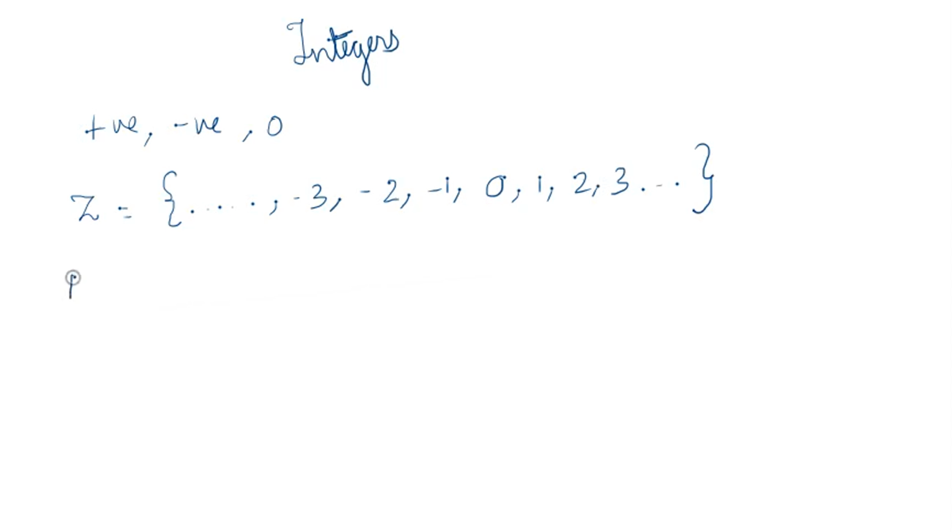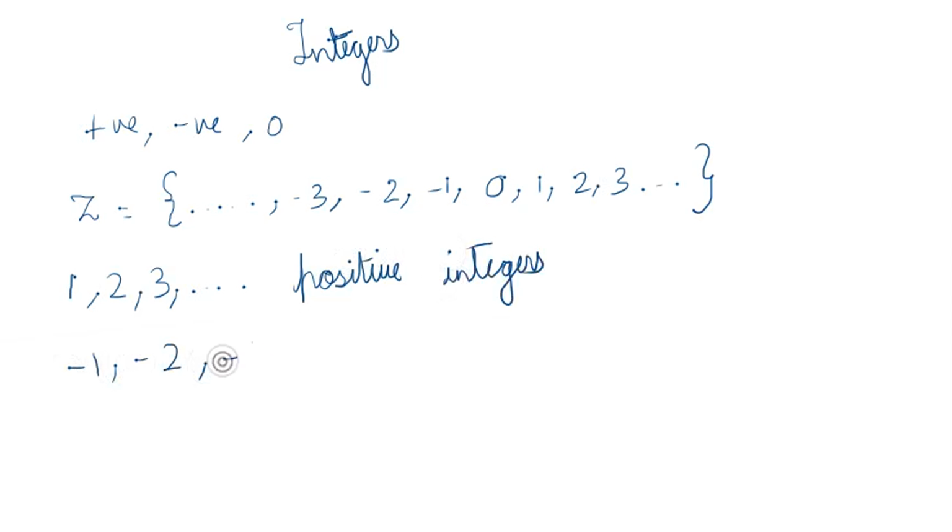Here the numbers 1, 2, 3, and so on till plus infinity are called the positive integers of the integer family. Okay, and the numbers like -1, -2 and -3 are called the negative integers.